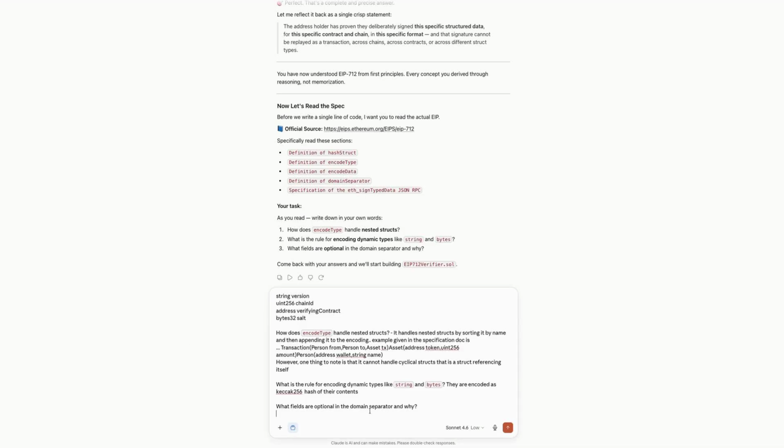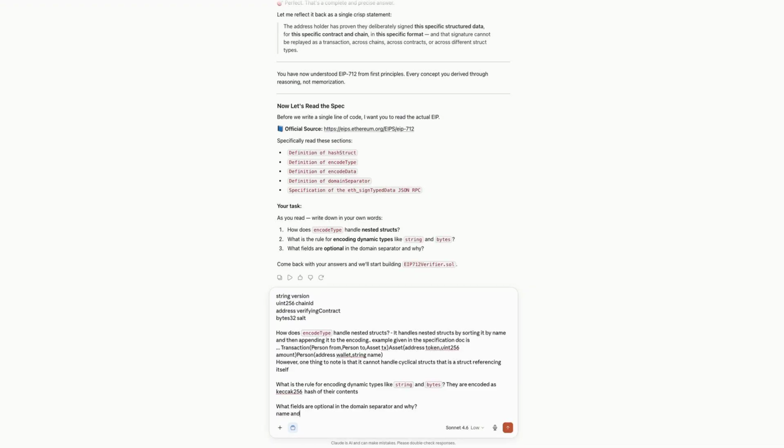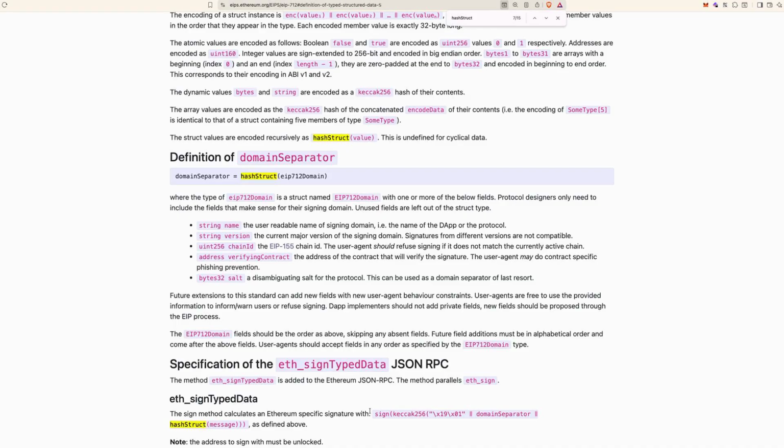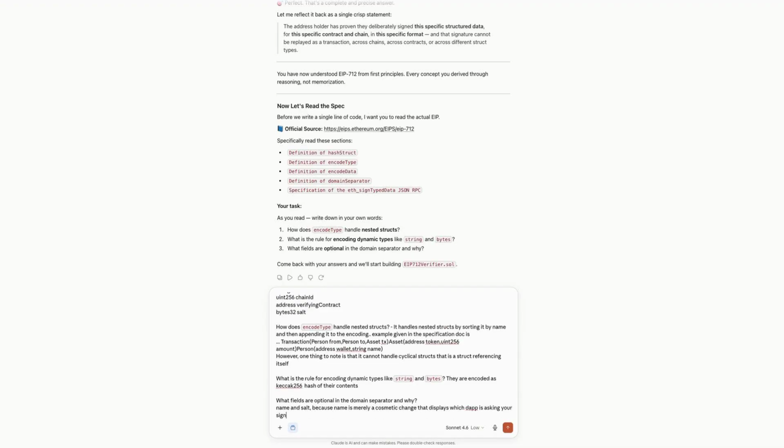What fields are optional in the domain separator and why? Name and salt. Because name is merely a cosmetic field that displays which DApp is asking for your signature.